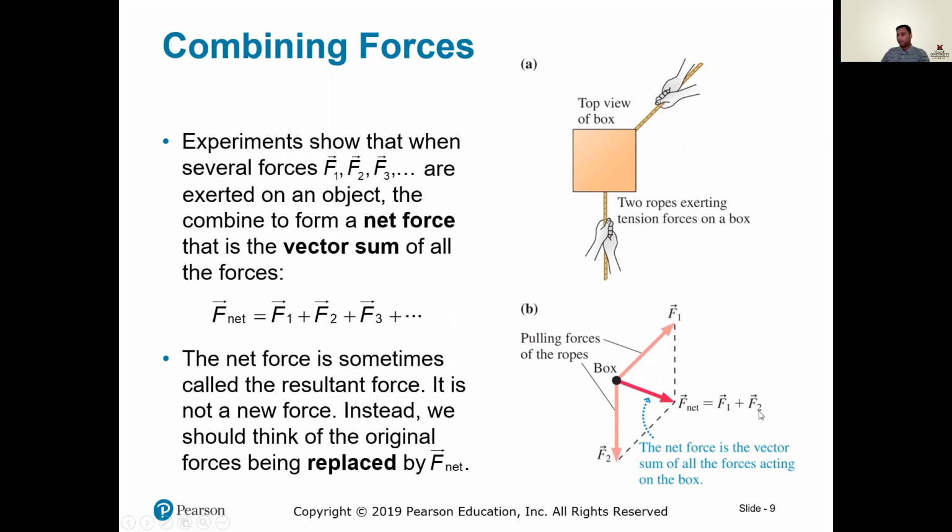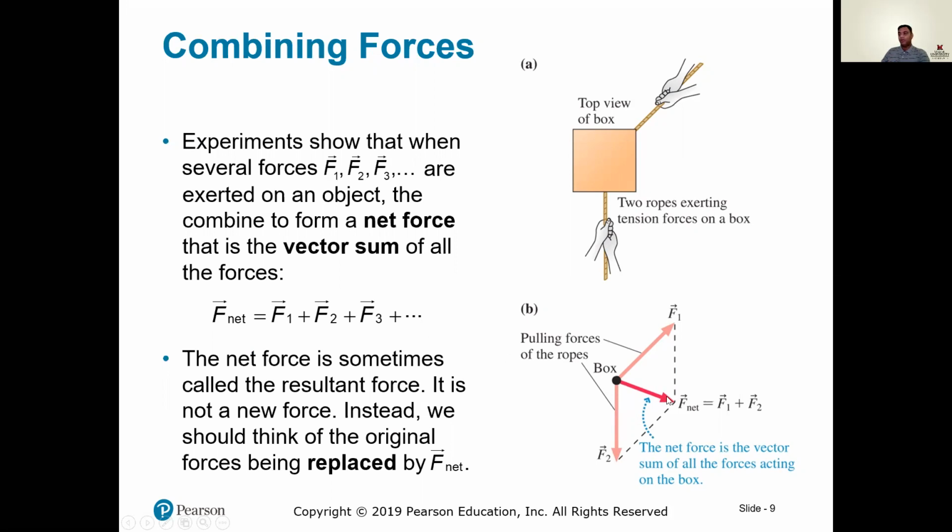So F net is F1 plus F2. Similarly, if you have multiple such forces, without even drawing them, you can simply write the algebraic sum or vector sum of these forces, okay? They're the same thing, because if you are in one dimension, the signs are going to give you the correct summation result. If you are working with vectors, you can still do this, but generally speaking, if you know the components, that works best.